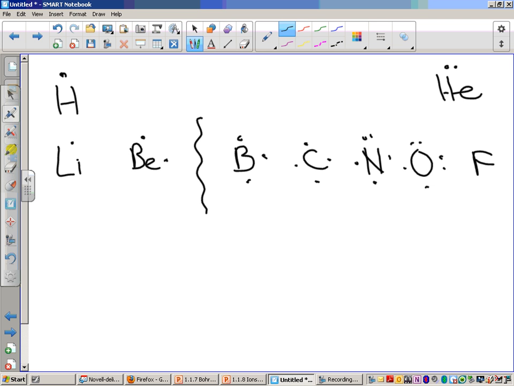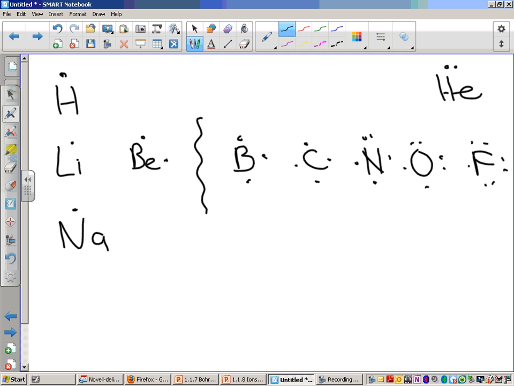Fluorine, 7. 3 pairs, 1 that's alone. Doesn't matter which one is alone. And I'm out of room, neon, all paired up. Okay? Moving on to sodium and Na, single dot.